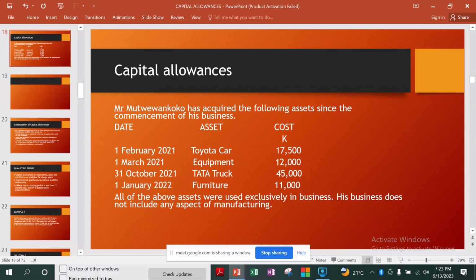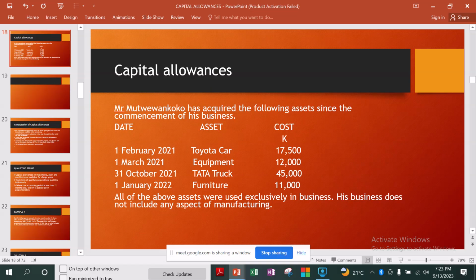In this particular example, you notice that in 2021, there were 3 transactions. On 1st February 2021, there was acquisition of a Toyota car. On 1st March 2021, there was acquisition of equipment. On 31st October 2021, there was acquisition of a Tata truck.